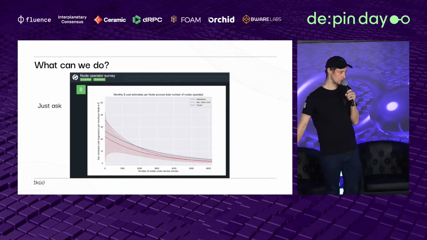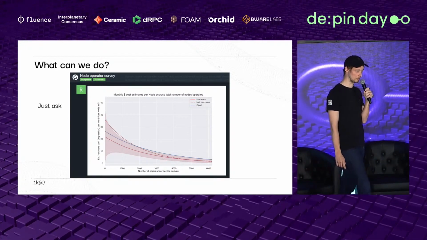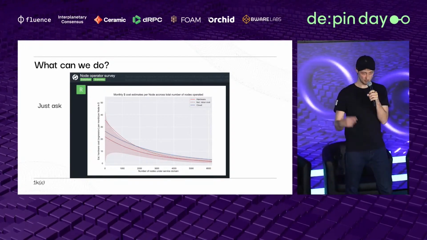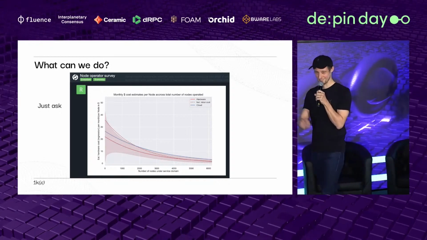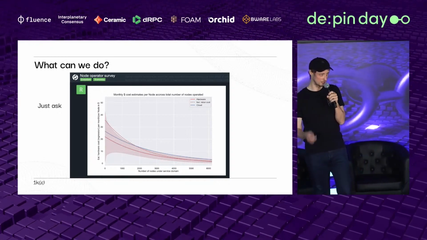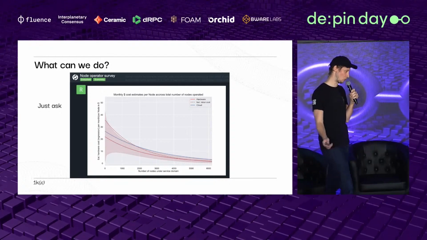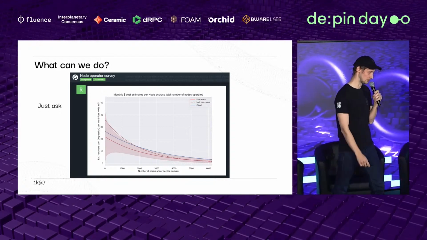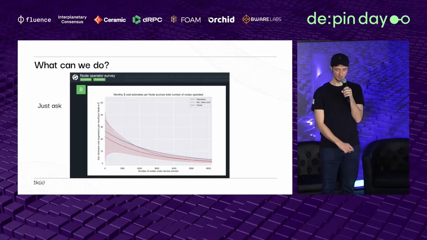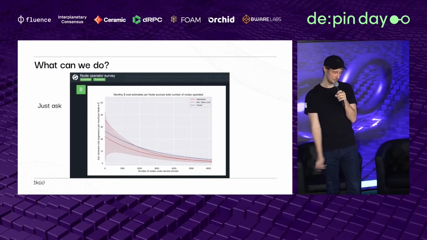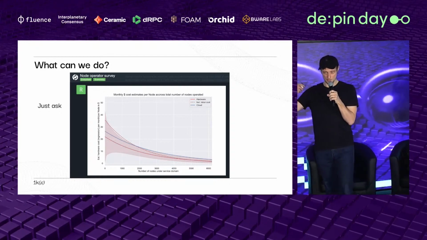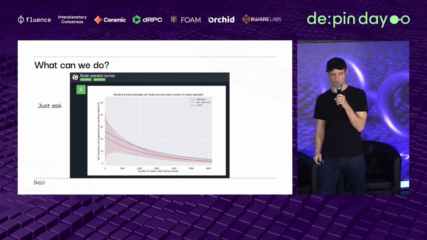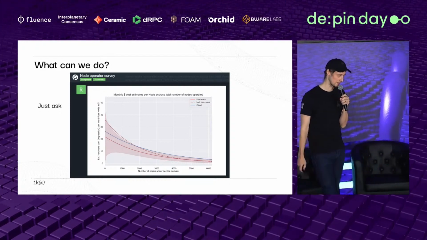This is an example which we did last summer, a survey with the Pocket Foundation to really say, hey, all you node operators, please tell us, what's your setup? What's your cost base? So we can come up with some model to understand what is the impact of economies of scale, right? As you can see there, we found it out. But then also, what's the impact of running it in a cloud structure? What's the impact of labor cost? Things like that.